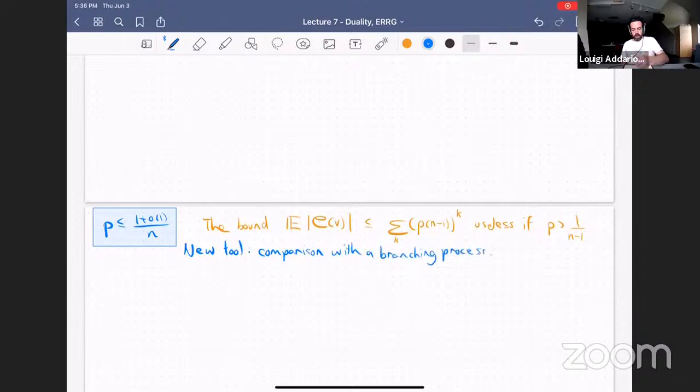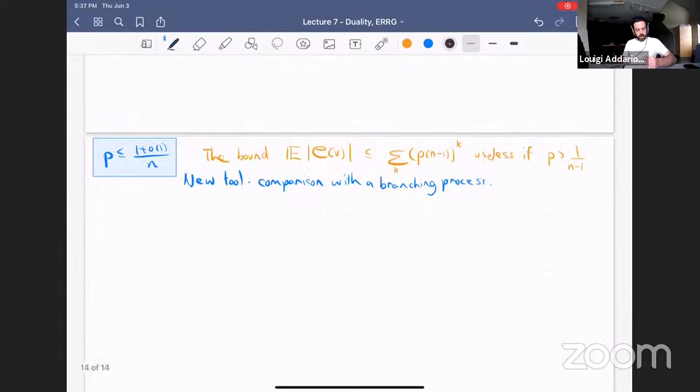So for this, I need to remind you of the notion of stochastic comparison of random variables. I expect this is familiar; it's part of a standard probability course curriculum.